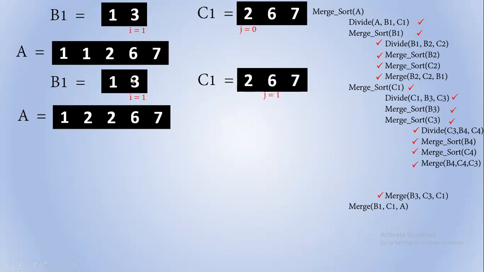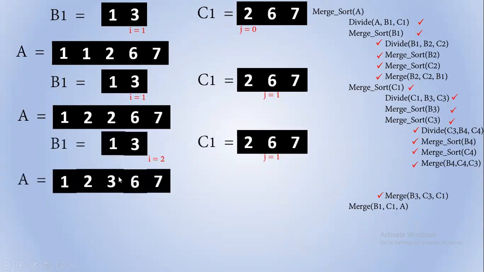This is smaller, 3 is smaller. So array A's third element will become 3. After that, i will become 2. When i becomes 2, it will be equal to B1's length. B1 dot length is equal to 2 and i is also equal to 2.